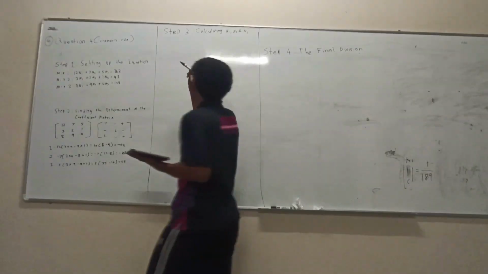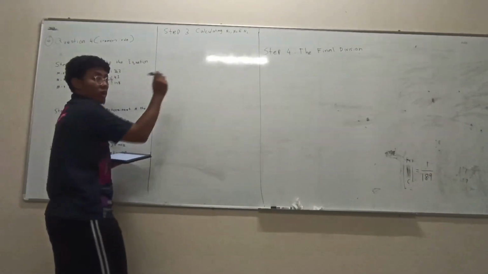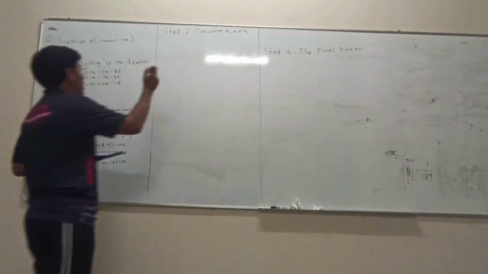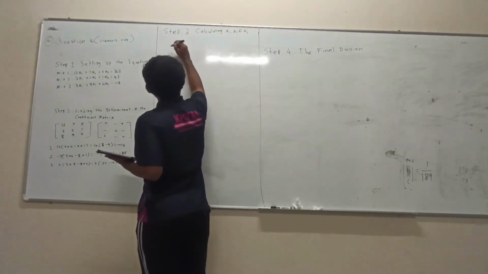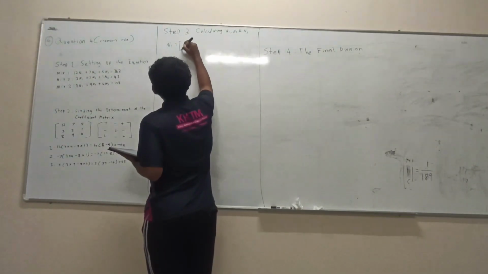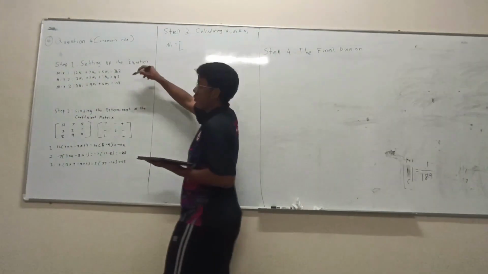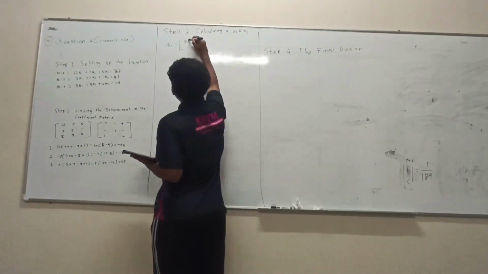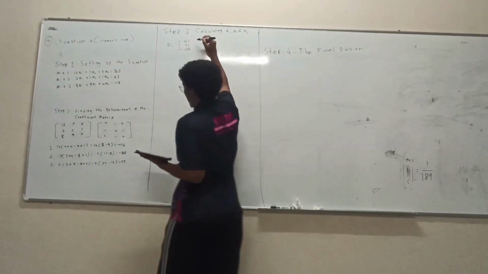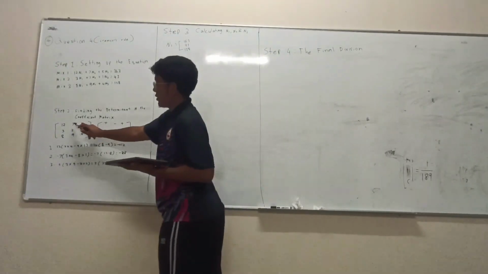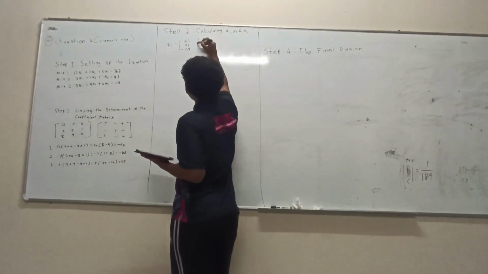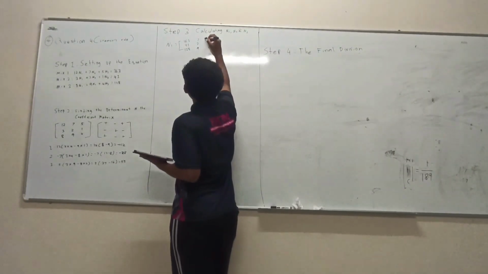So we put it like this for N1. We do N1 first. N1 equals 163, 41, and 128. And then we put this one, 7, 9, 5, 4.